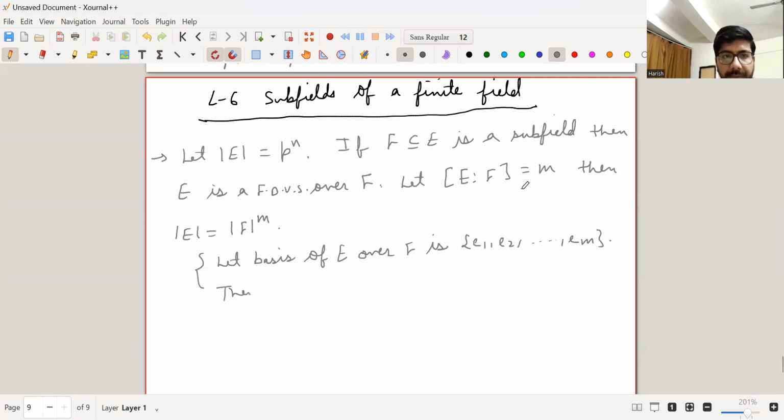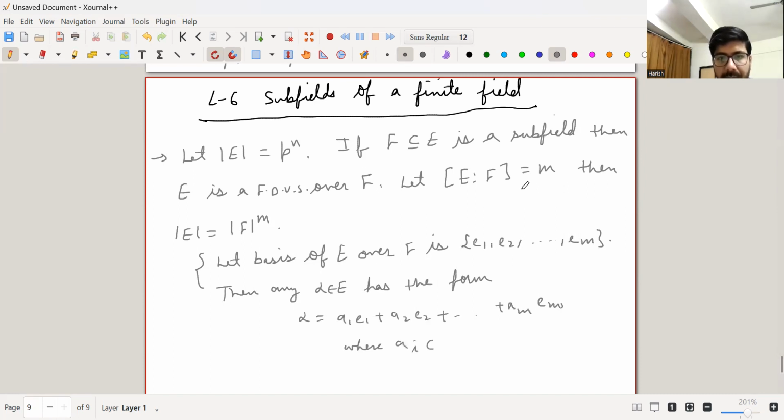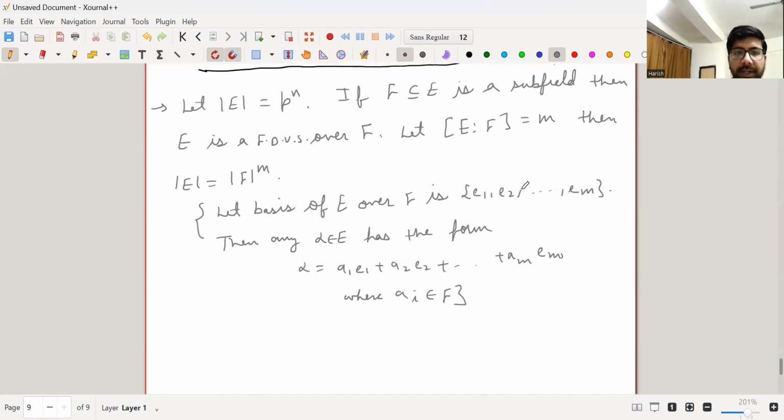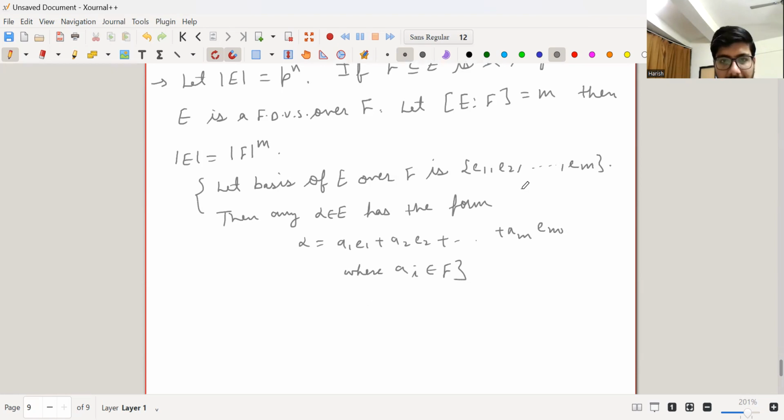Then any alpha belonging to E has the form alpha equals a1 e1 plus a2 e2 and so on to am em, where each ai belongs to the field F, right?